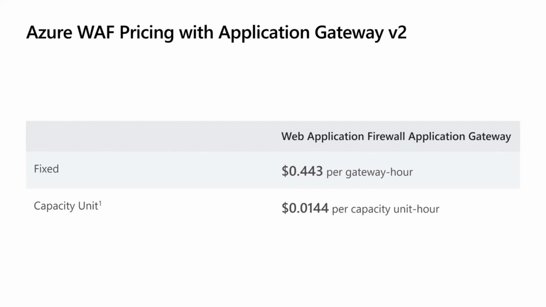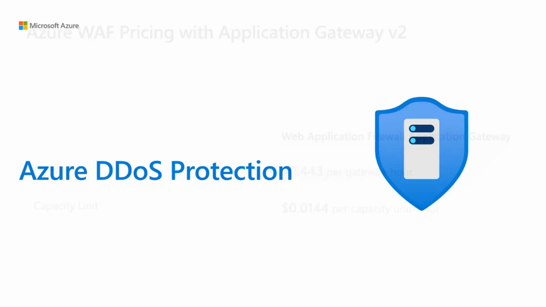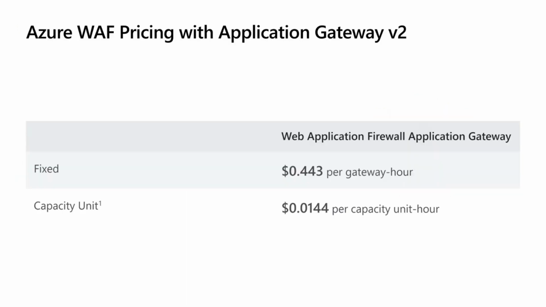So new deployments use WAF policy, and WAF policy only works with Application Gateway version 2. So keep that in mind. Pricing, again, it is per gateway per hour. And then there is a capacity unit price. So again, similar to firewall.